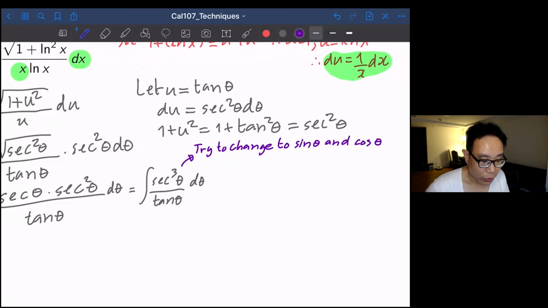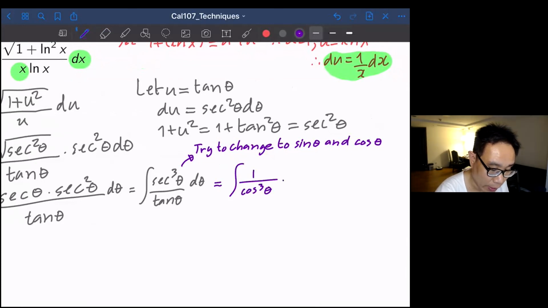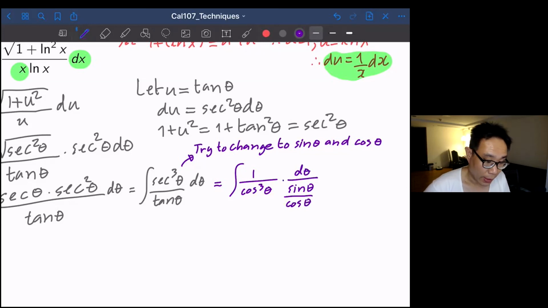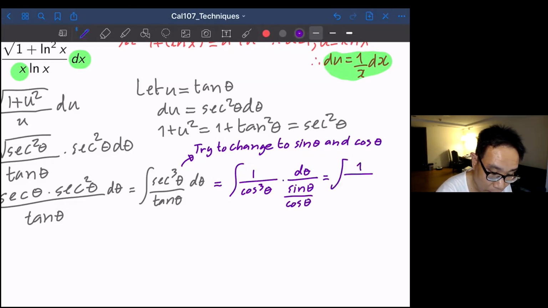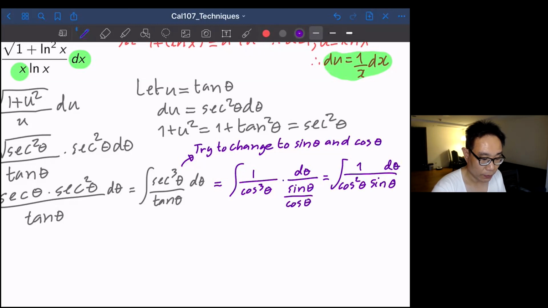For this, it's going to be the integral of 1 over cos to the third theta, and tan is sine theta over cos theta, and you have the theta on top. This will be the integral of 1 over cos squared theta sine theta d theta.